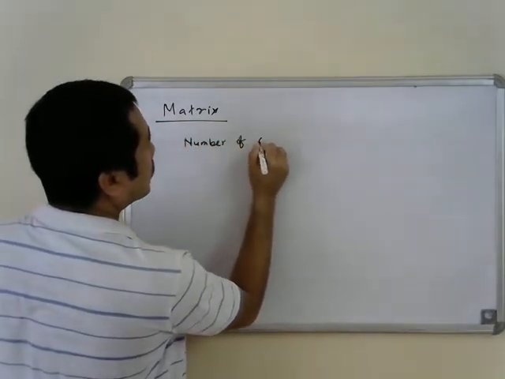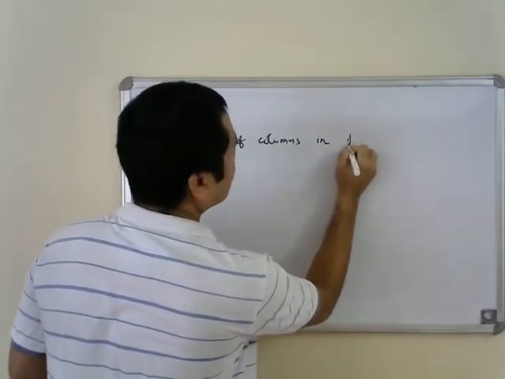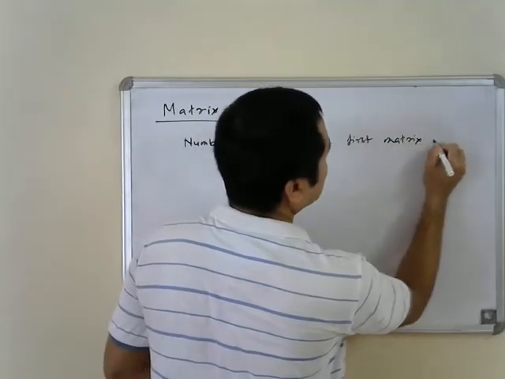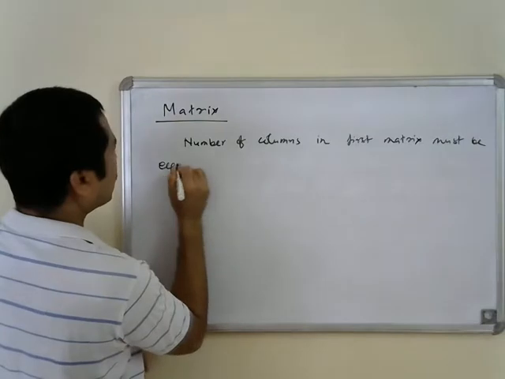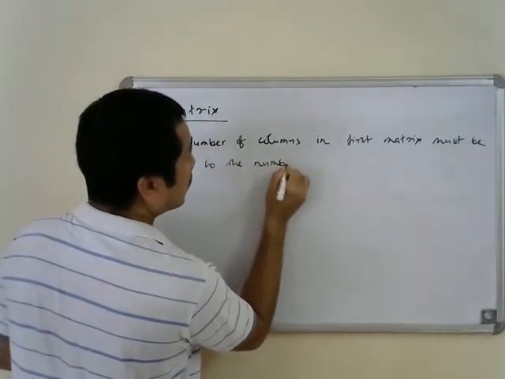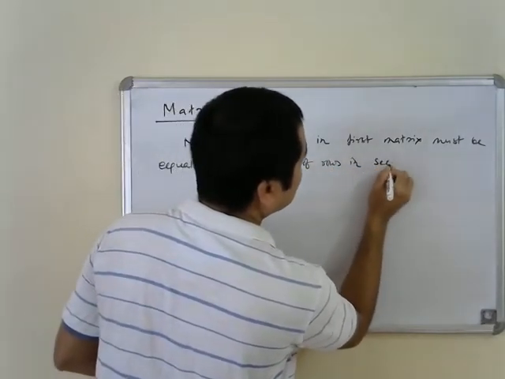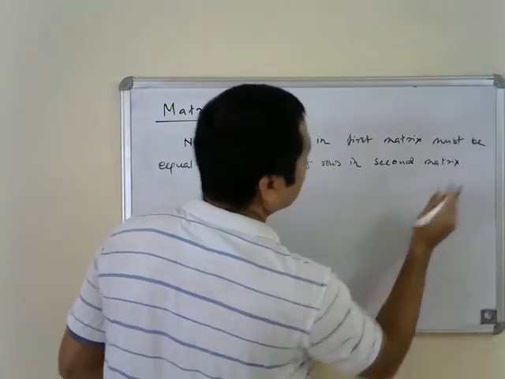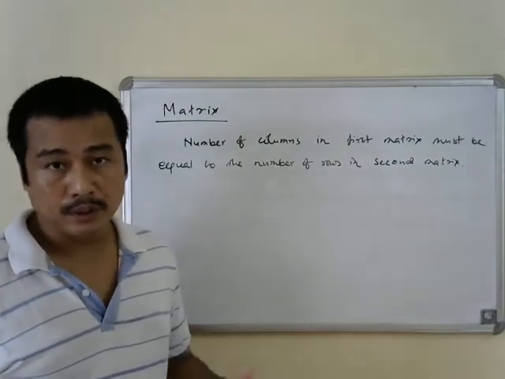The number of columns in the first matrix must be equal to the number of rows in the second matrix, or otherwise we will not be able to do multiplication of these two matrices.